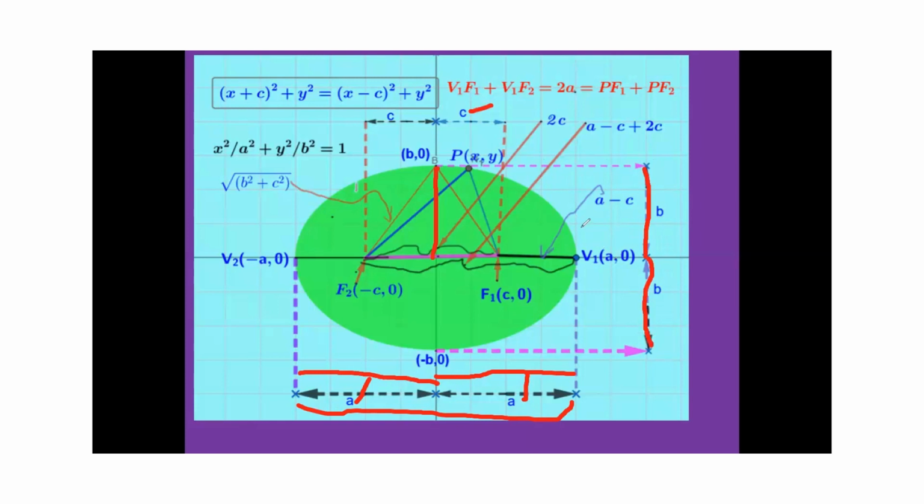Here is the distance from the focus to V1, which equals A minus C. The distance from V1 to F2 equals A minus C plus 2C, and the distance from F1 to F2 equals 2C.